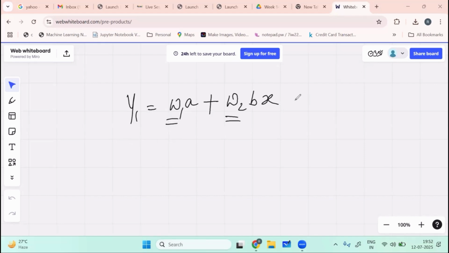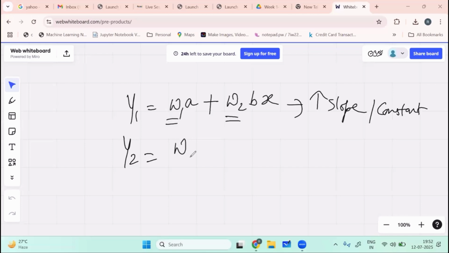In y1, I am saying that increase the particular slope or the constant. In the second kind of iteration, weight 1 dash multiplied with a, weight 2 dash multiplied with bx. Slope should come down.